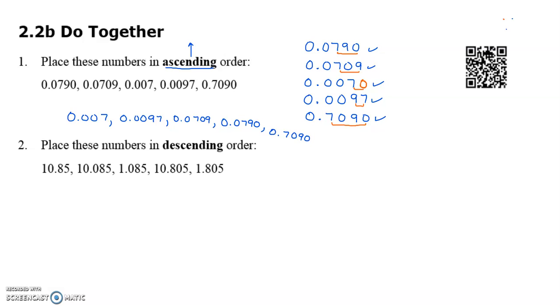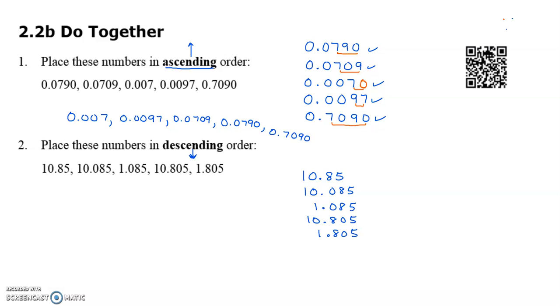Okay, number 2, we're going the opposite way. We're going in descending order. So we're going from greatest to least. Let's write these numbers out. 10.85, 10.085, 1.085, 10.805, and 1.805.